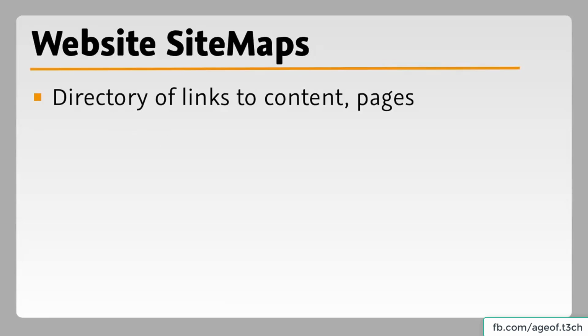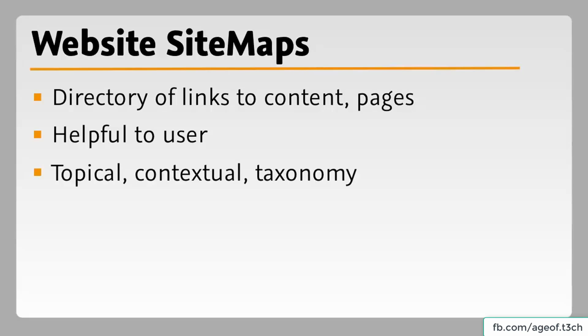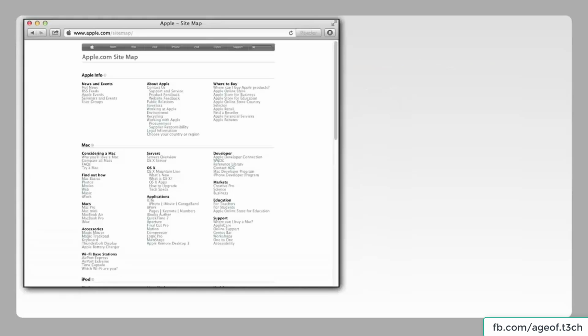The website sitemap is a directory of links to all of your content and most of your pages. They're helpful to the user because it presents it in a different, more contextual way than your navigation. It can be lists of links grouped by topic, more of a contextual view of the site, or a taxonomy similar to your navigation, but it shows groups of links in a category that people can click on and see where they're going.